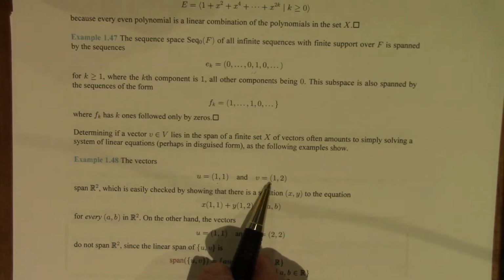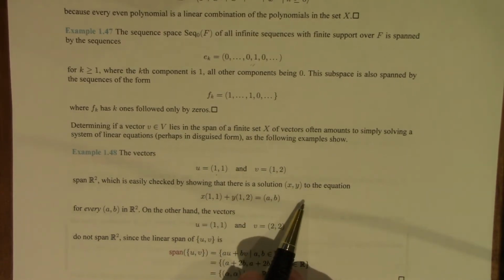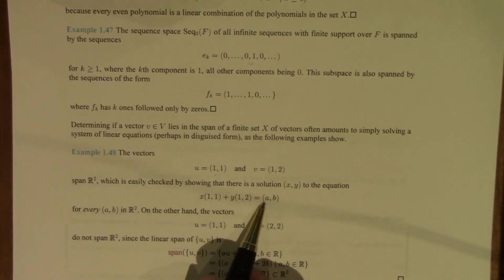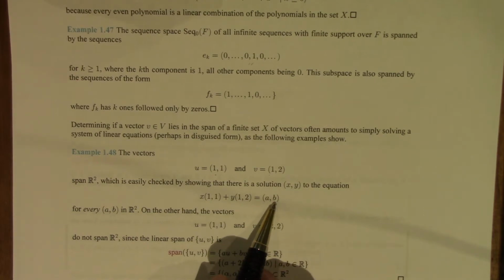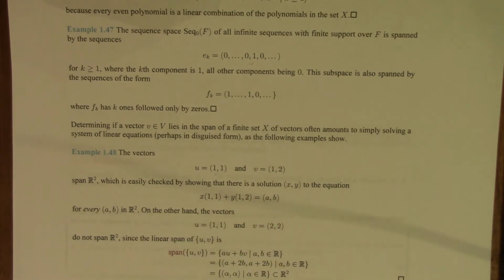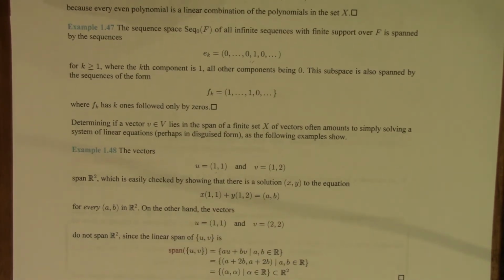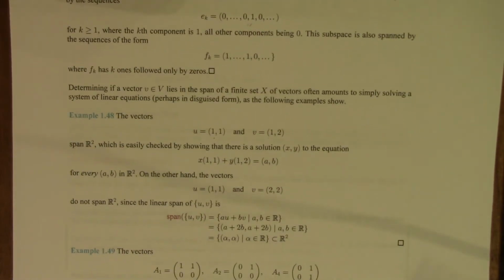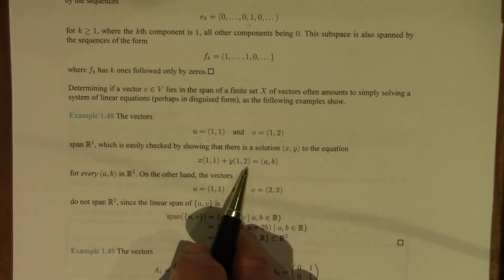They span R2, and we can check that by taking any arbitrary vector in R2, (a, b), setting up this equation and showing that it has at least one solution. And this is a system of two equations in two unknowns.